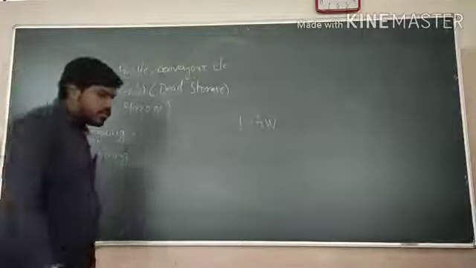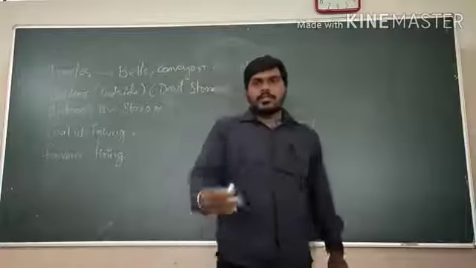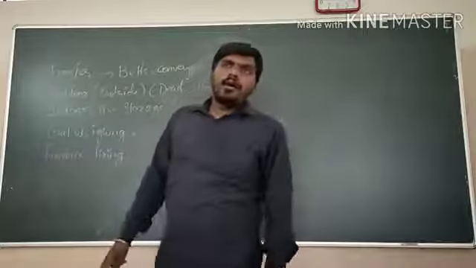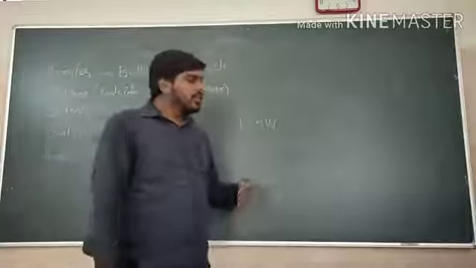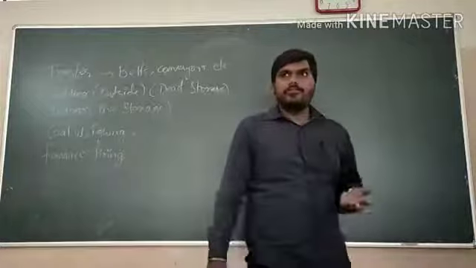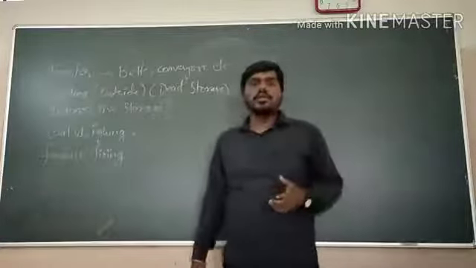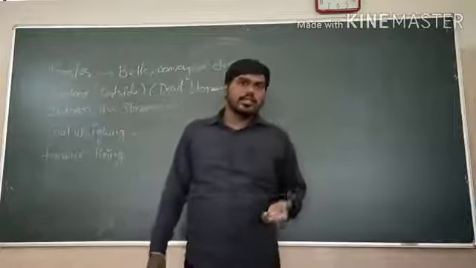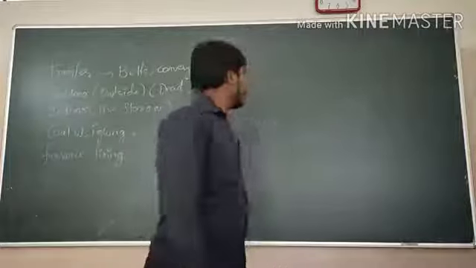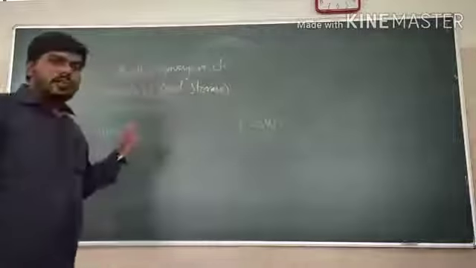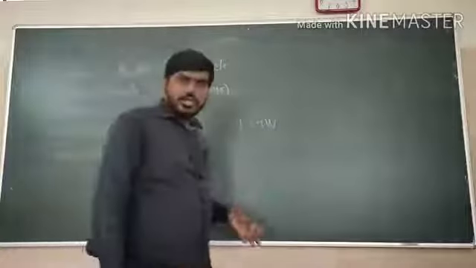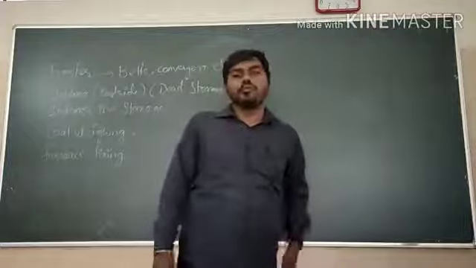Then the next step is coal weighing. This is also an important step. In coal weighing, I am weighing the coal because it should not contain moisture or water inside. It does not soak the water. So if the weight of that coal is very high, that means it has a very large quantity of moisture content.